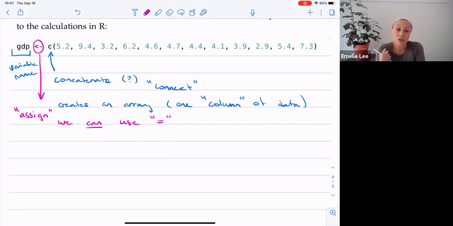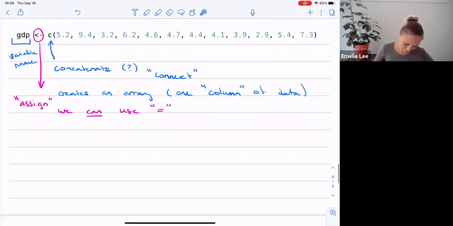The reason we shouldn't use equals is because there are some very rare cases where it breaks. But I get lazy: an equal sign is only one stroke, and a less than dash is two strokes. That adds up. But if you're being proper, and I want you to be proper, you should use the less than dash.